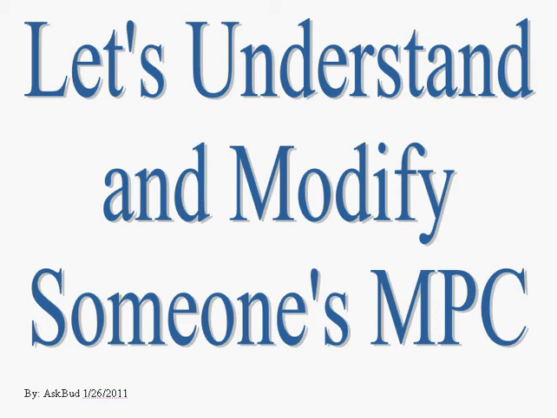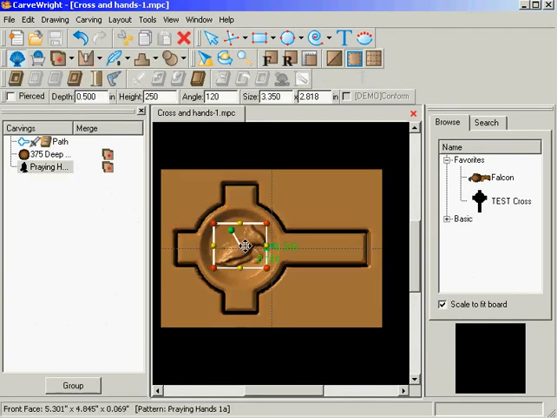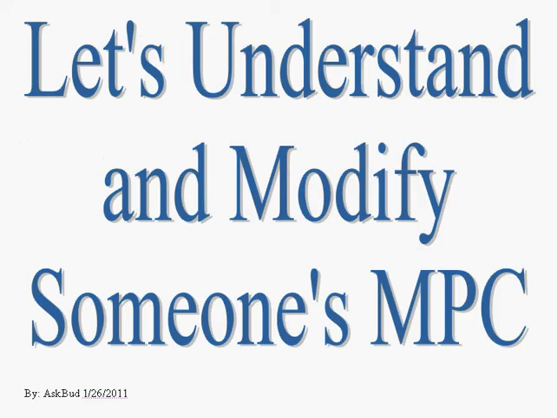If there was anything locked, the numbers for the lock would have been something other than the green, probably a yellow or a red, probably yellow, and I would deal with those along with everything else, because those locked figures have to be accounted for as you move things around. And that basically helps us understand and modify someone's MPC.